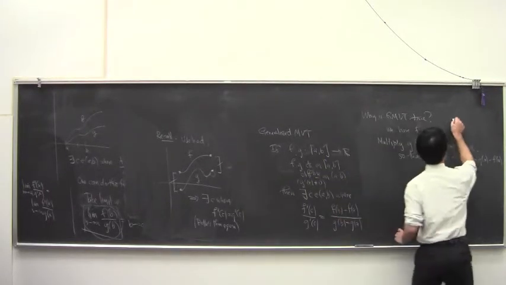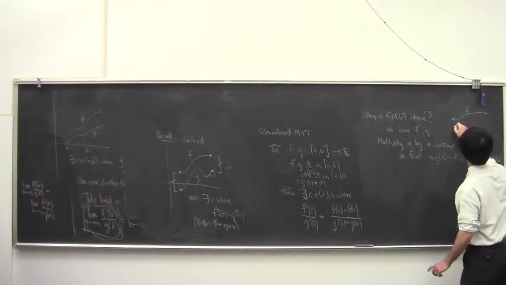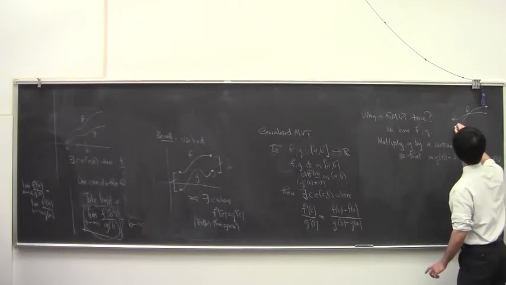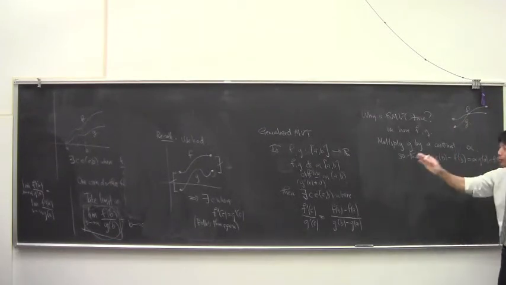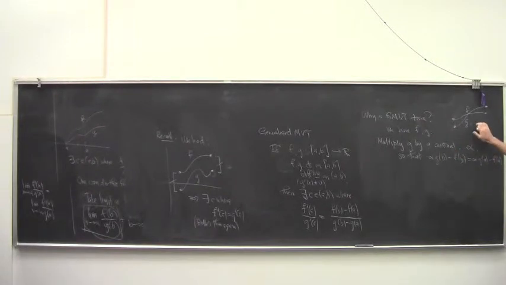We have two guys, f and g, and the previous theorem doesn't work on them. So we're going to multiply g by some number and make something that the previous theorem works on.